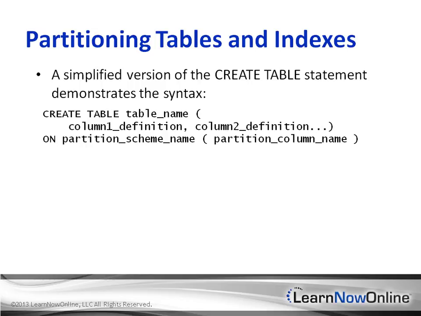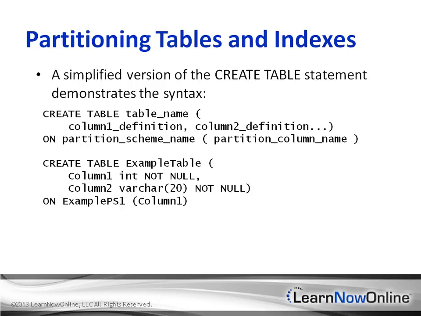And remember, we have to make sure that it's of the same data type. So here we have our create table, example table. We have two simple columns, and we're going to use a fictitious example PS1 partition scheme that takes as its partitioning key an integer, and that's going to align in our example here with column 1.